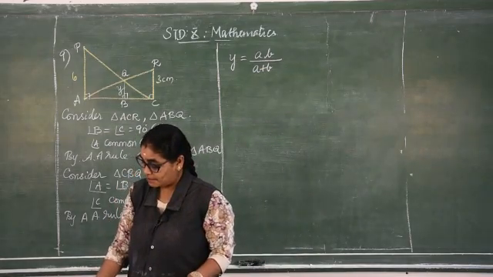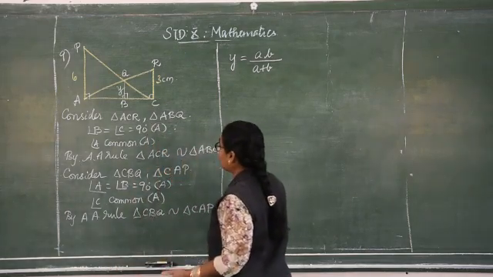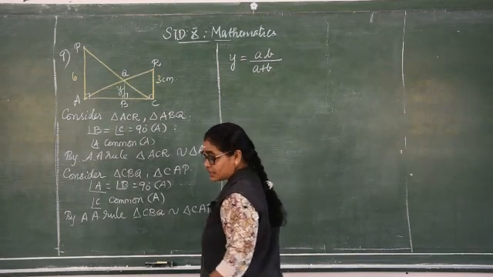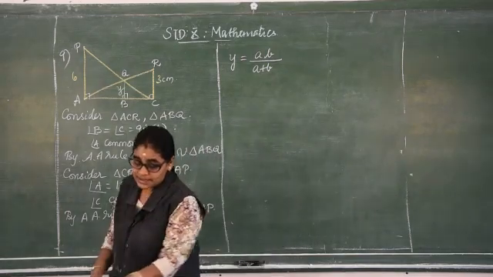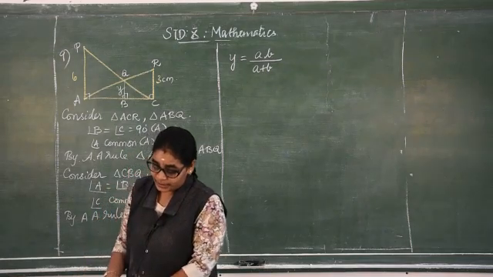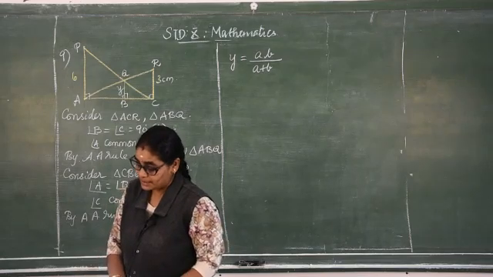We know that y is AB by A plus B. How can we write these conditions? By applying the values directly we can write these conditions, or we will go by your example sum. So in your example sum, how they have proved, all the same pattern we will be going by in this sum also.